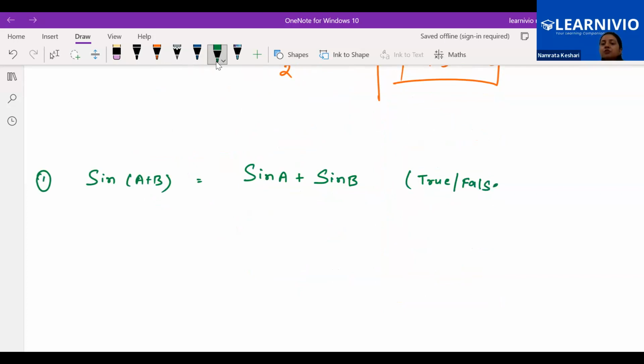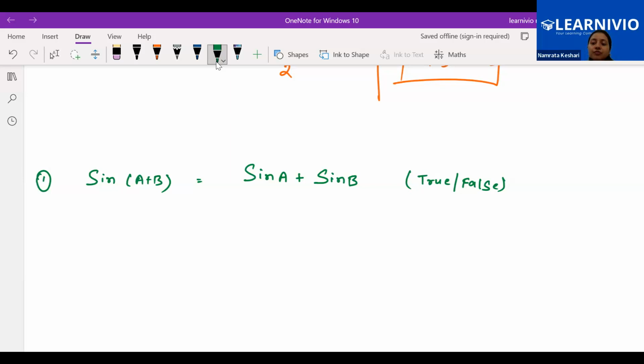Vote for true, vote for false. Who will vote for true? Randomly you can pick, even just by guessing maybe. Who will say true, who will say false? I think it's false. Okay, Zunad said it's false.